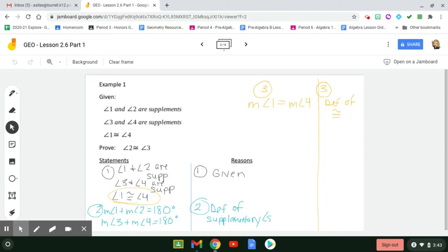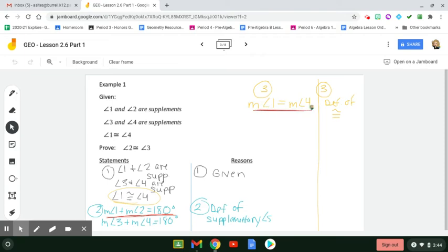I need to use that information to help me get to what I want. Let's say I wanted to use the statement about the measure of angle 1 plus the measure of angle 2 equaling 180 degrees, and the fact that the measure of angle 1 equals the measure of angle 4.